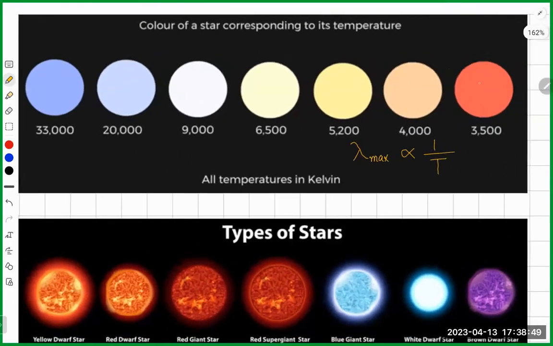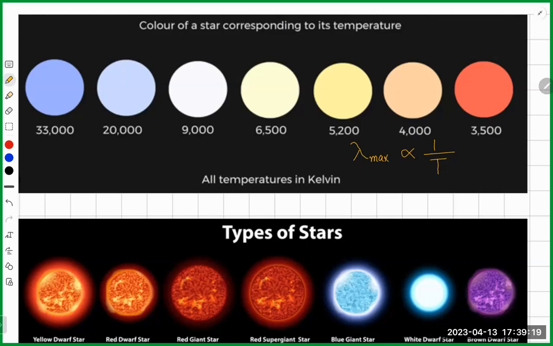See, this is almost red. This will be producing 3500. It is at a temperature of 3500 degrees Celsius. And look at this blue giant, I guess. Surface temperature is 33,000.